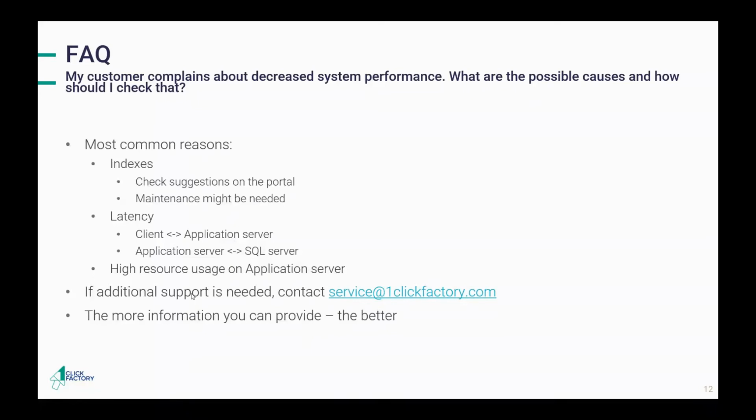I've mentioned that we will be working on automatically tuning your database, and this will include index optimization. But you can also check the index suggestions on the portal. We provide the index suggestions in the monitoring and alerts menu. You can check which database and which table might need an additional index, and what would be the impact of that additional index.